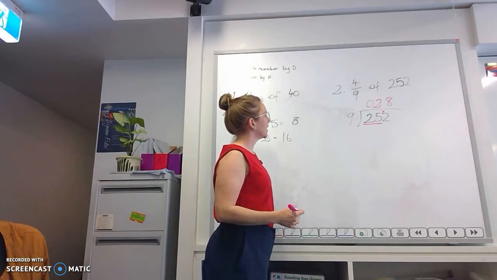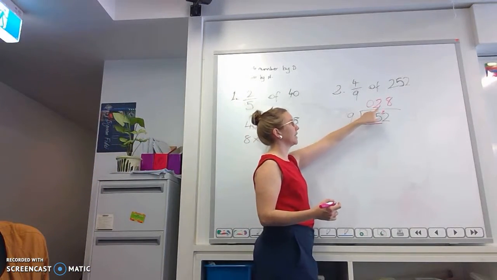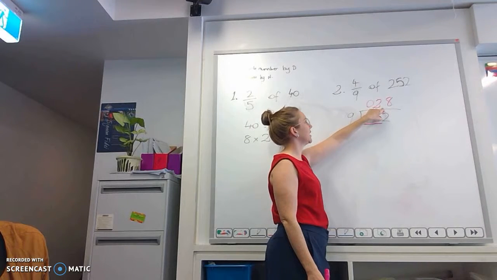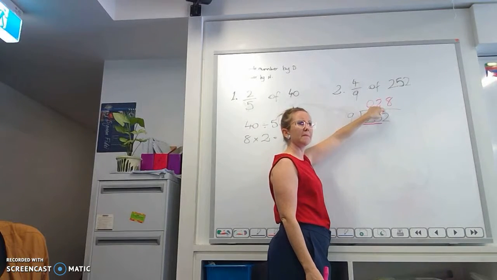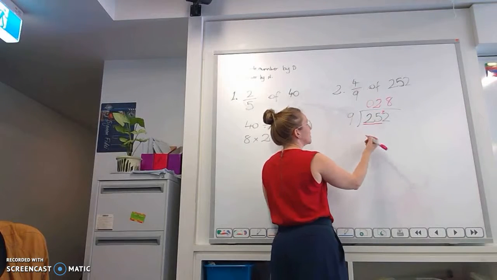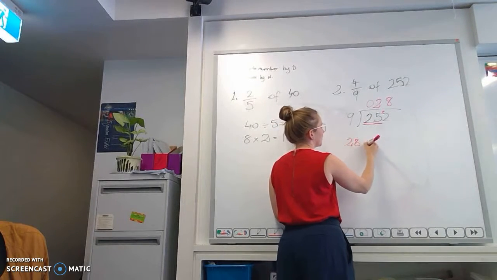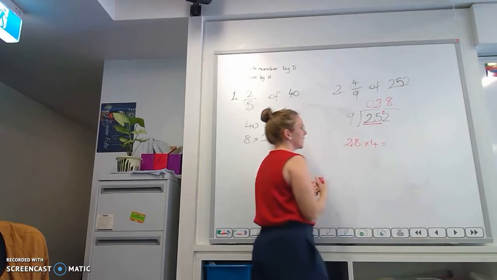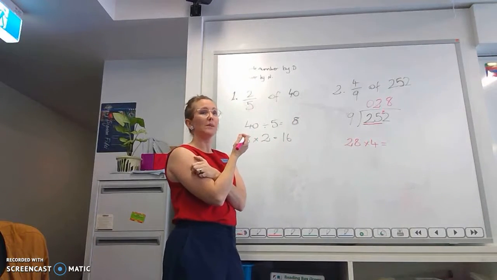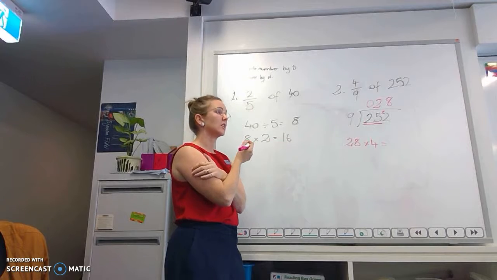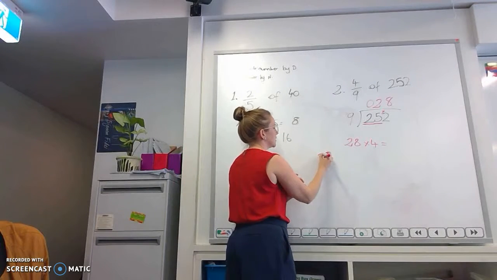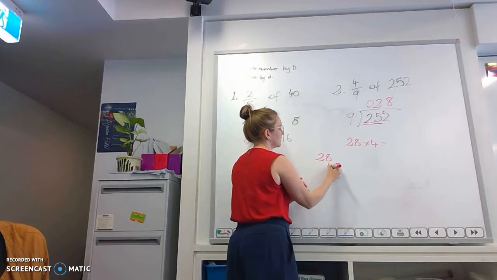Cool. Okay, so 28 here, my answer represents what? 1 night. 1 night, good. So now to find 4 nights, I need to times 28 by 4. Again, if it were me, just to make sure I don't stuff it up, I'm going to do a little multiplication to my side.